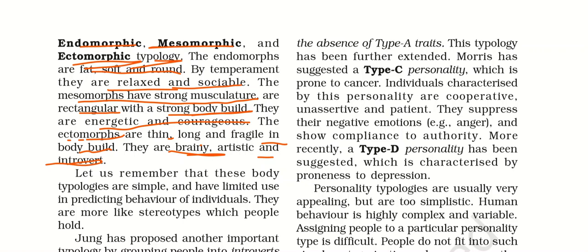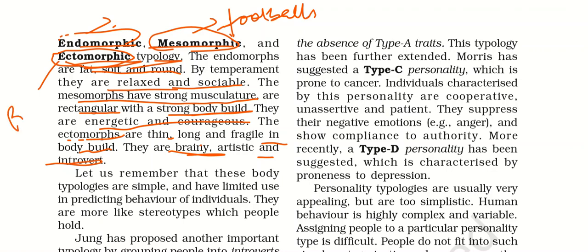So basically, endomorphs can be sumo wrestlers, mesomorphs can be football players, and ectomorphs can be basketball players, if we are relating it to sports.